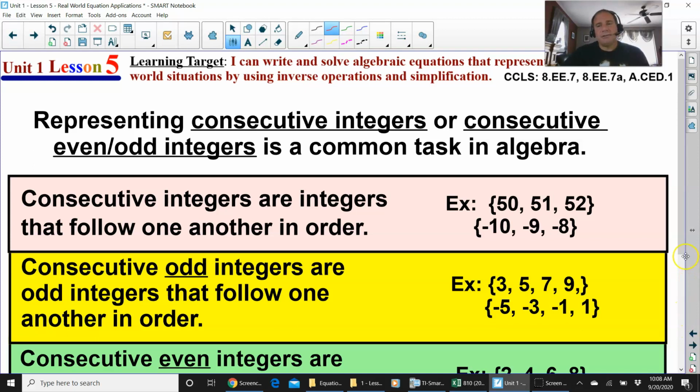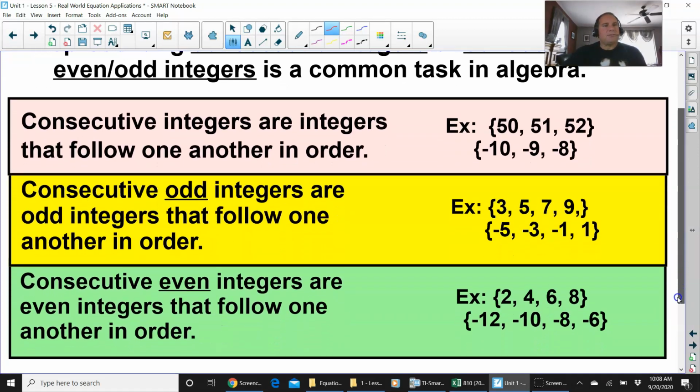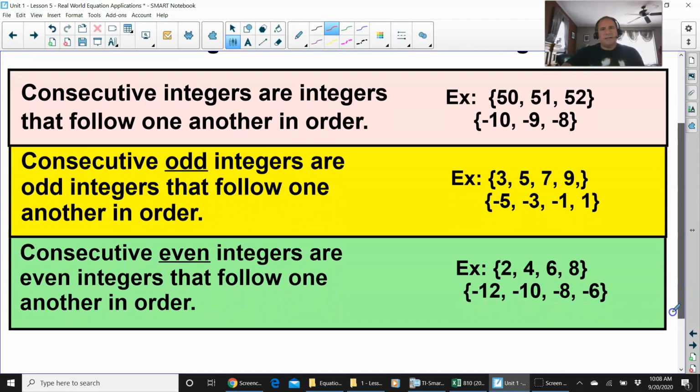Consecutive odd integers, it's still consecutive in a row, but if you start with 3, the next odd integer in that line is 5, and the next odd integer is 7, and the next odd integer is 9. So consecutive odd integers are all in a row. So if you start at 11, the next one is 13, the next one is 15, and stuff like that.